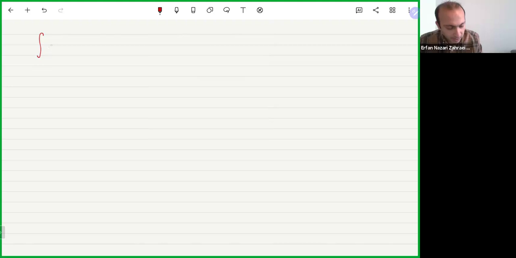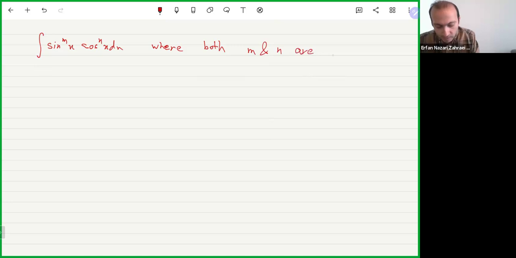When you have this integral where both m and n are even numbers. So you have even number of sine and cosine.